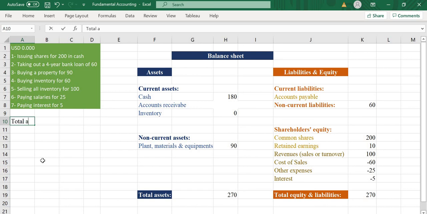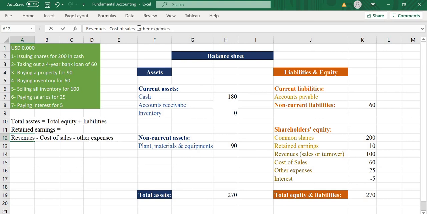Total assets equal total equity plus liability. Retained earnings equal revenue minus cost of sales or cost of goods sold, minus other expenses and minus interest.